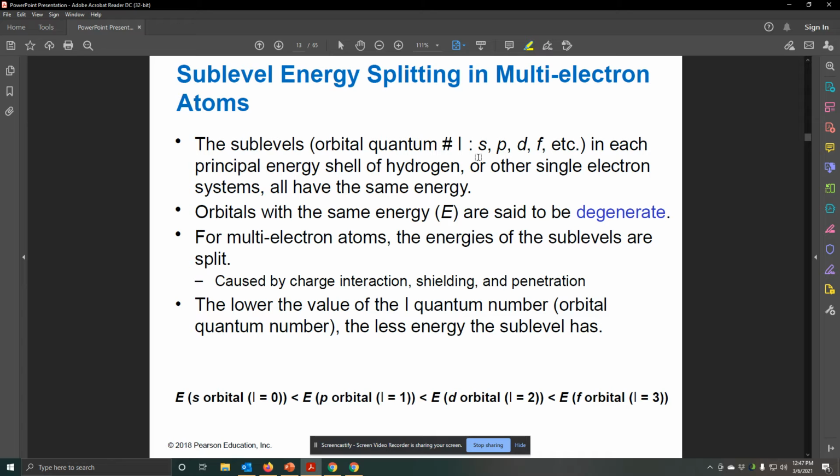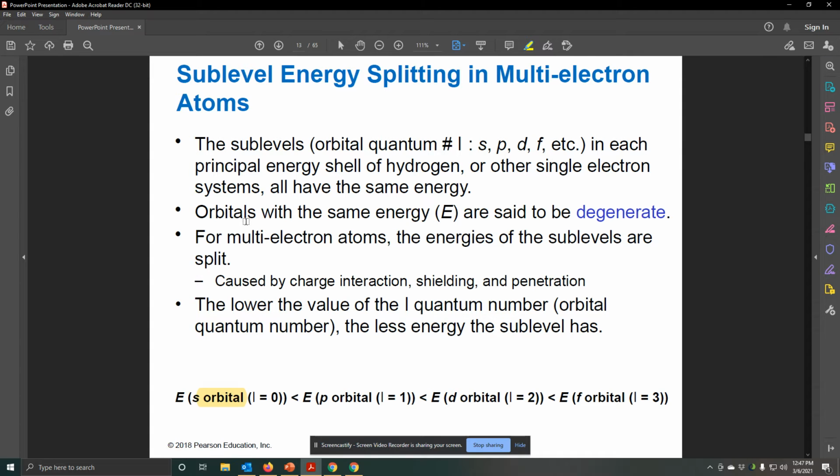Shell number 2 only has S and P. Then we'll go to shell number 3, and 3 has S, P, and D. And you'll fill them in those orders. So if you have 10 electrons, you're going to start by filling the 1s subshell. Then you'll go to the 2s subshell, then the 2p subshell, and then to the 3s subshell. To remember when we're talking about energy, S is the least energetic, then P, D, and F. So if you have a shell that has multiple of these, you're always going to fill the S subshell first.